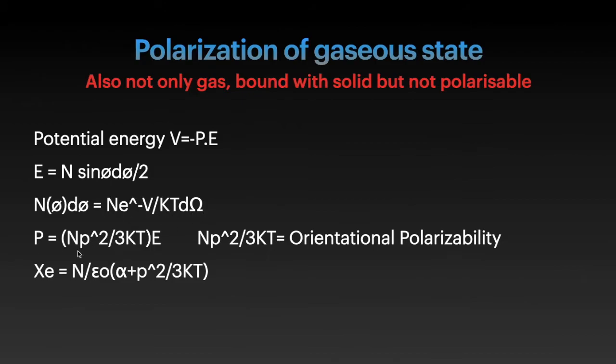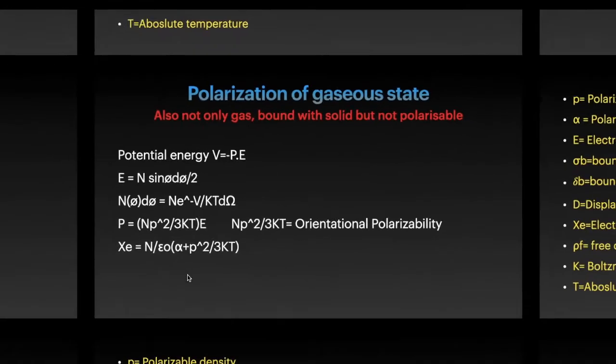P is N P square by 3 kT into E, and N P square by 3 kT is orientation polarizability. Xe is N by epsilon naught times alpha plus P square by 3 kT.